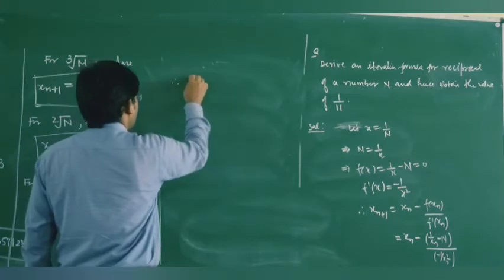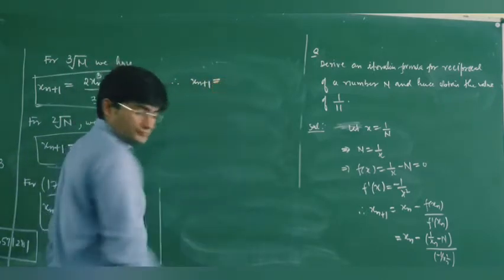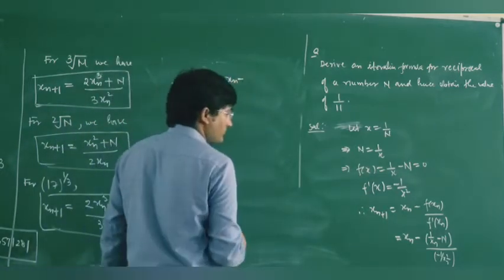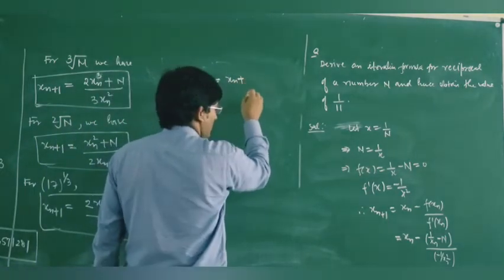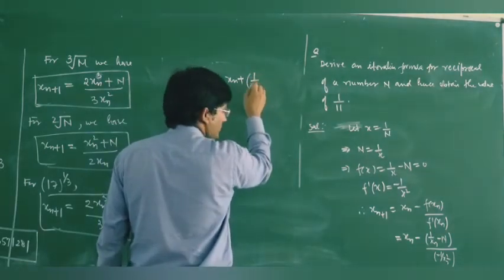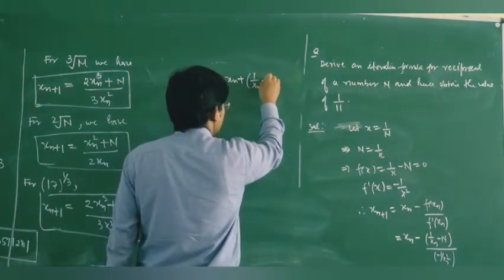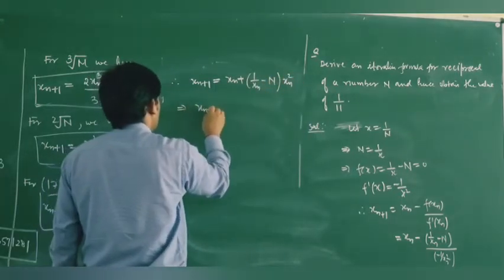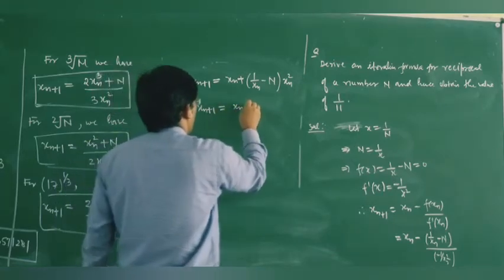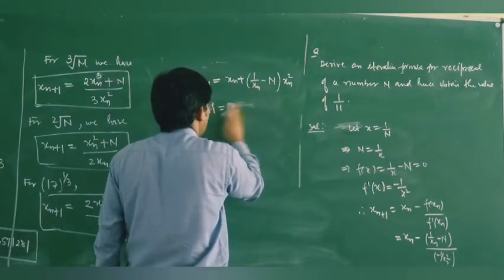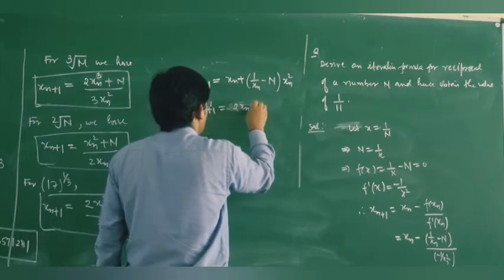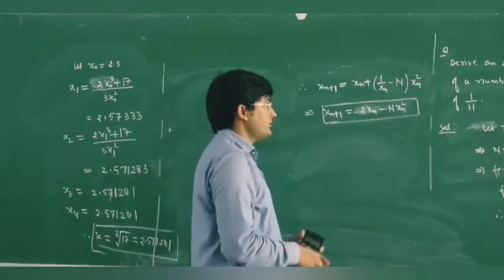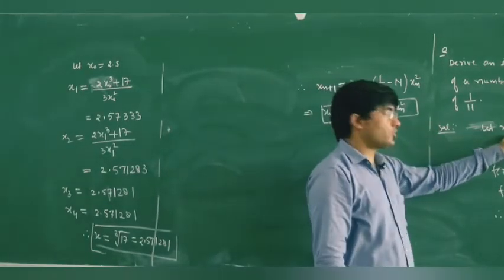So therefore your xn plus 1 is equal to xn minus, now this minus minus will become plus, and this xn square will go in the numerator, so we have xn square. So your xn plus 1 is equal to 2 times xn minus n xn square.